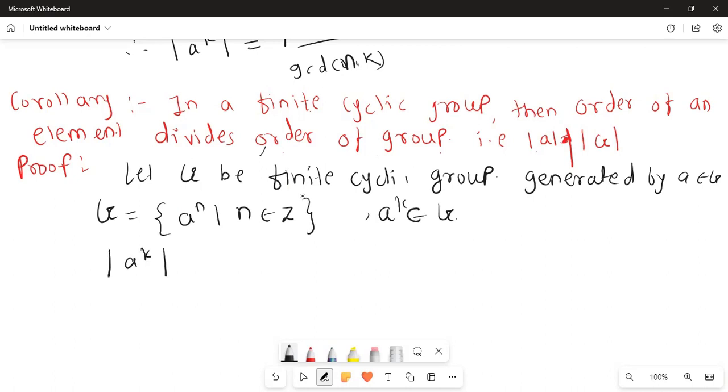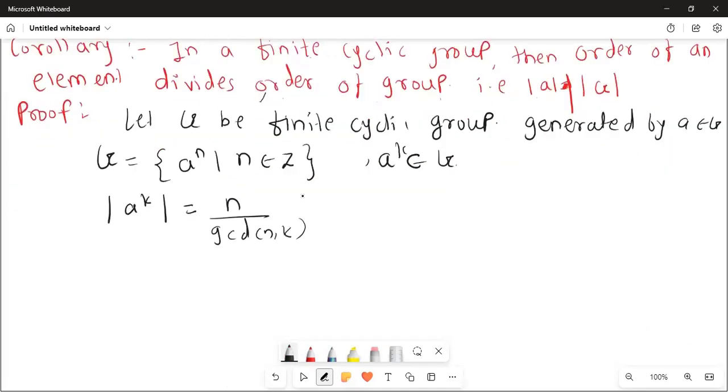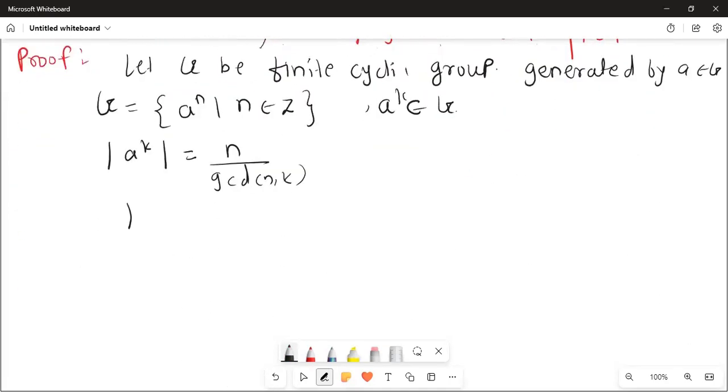एक करोलरी पिछली की तरह एक करोलरी देखी है हमने, order of A raised to k which is equal to n divides GCD of n and k. ये यहाँ पे ऊपर हमने देखा है. यहाँ पे ये कोरोलरी हम यूज करेंगे. दैट मीन्स A raised to k which is equal to R है, यानी कि GCD of n and k which is equal to n divides order of A raised to k.